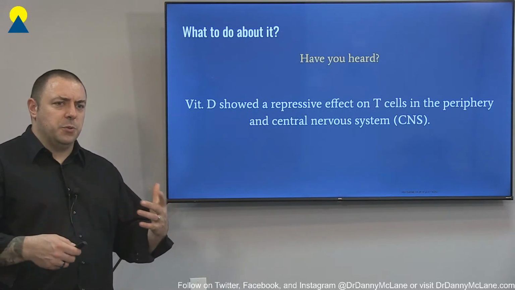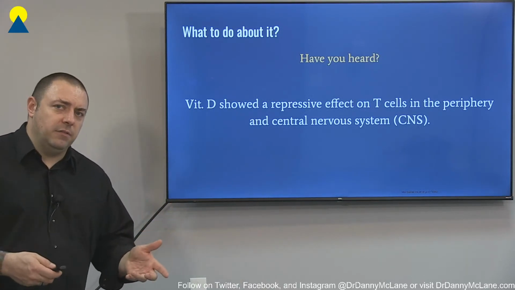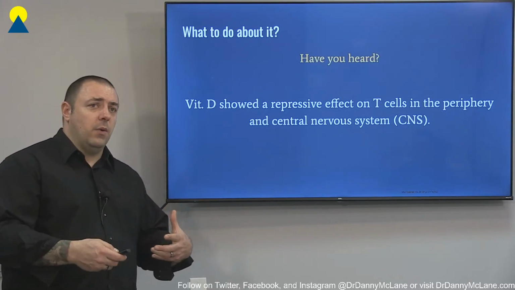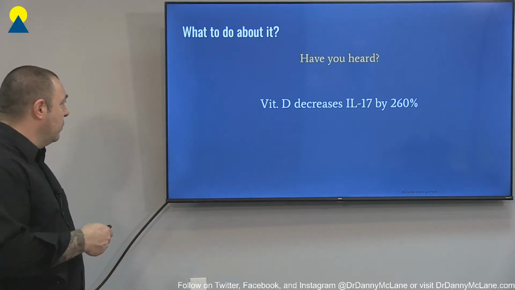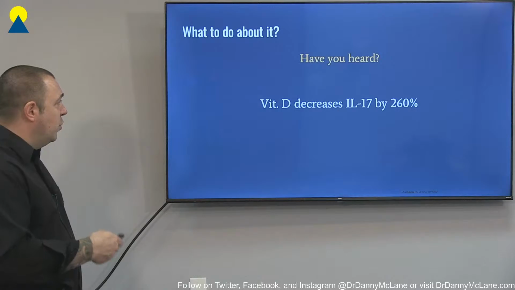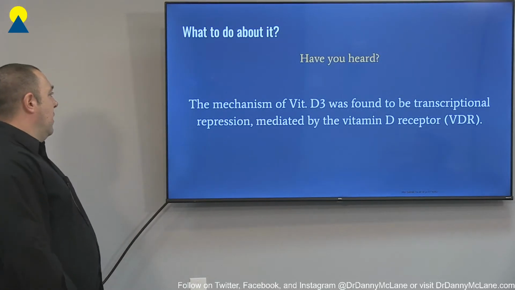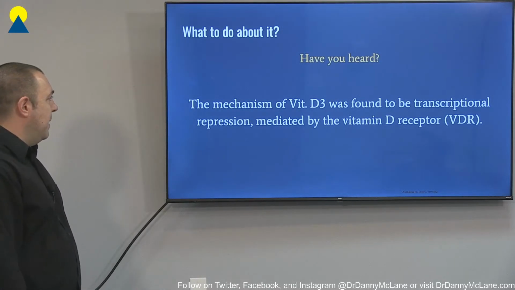There are these inflammatory pain cascades that don't show really any tissue damage other than mild inflammation, and yet it causes those nerves to be sensitive. They hurt a lot worse than they should. And vitamin D can help with that in the periphery and the central nervous system. It decreases it by 260%. Boom!